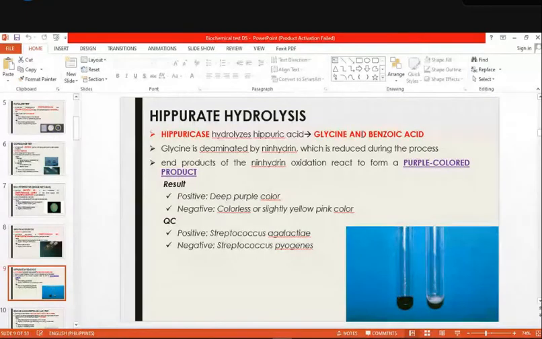Oxidizing agent is ninhydrin, which will lead into deamination of glycine, which now gives us our purple colored product. Okay, so you have again, positive control is Streptococcus agalactiae. Your negative control is Streptococcus pyogenes.